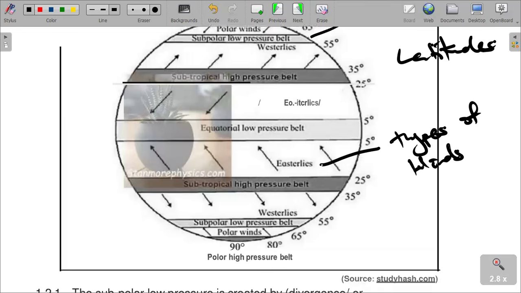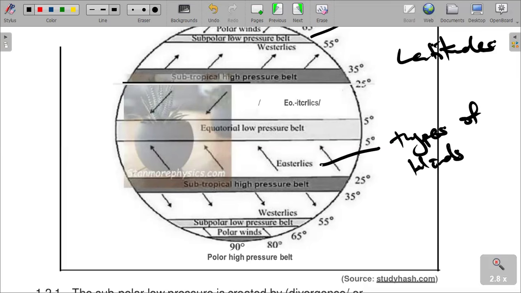And then as we move to the south and north, if we are talking about movement to the south, we talk about the easterly winds, which are also subtended by the subtropical high pressure belt, which is within 25 to 35 degrees latitudes, and below them the westerly winds.